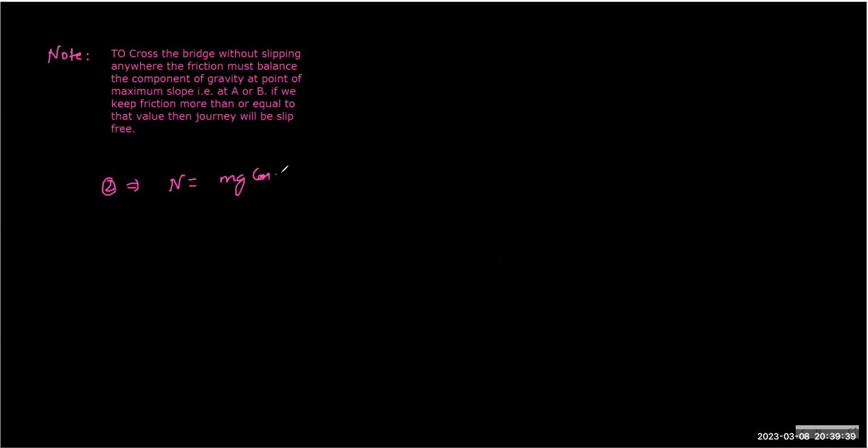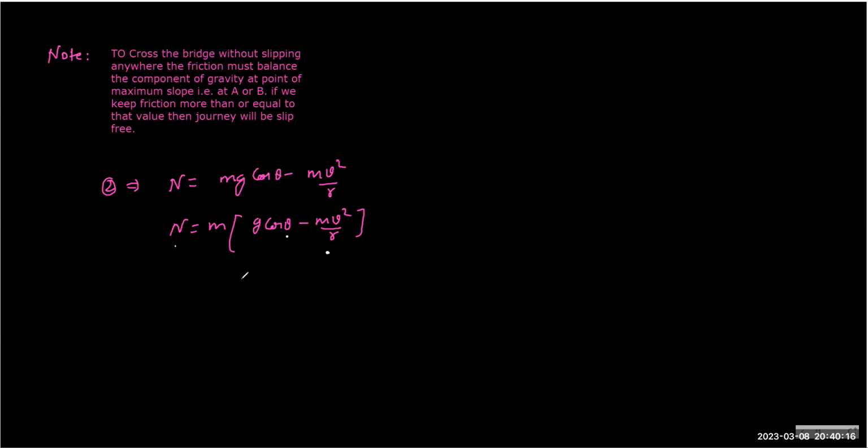Because the second term is constant, N will be maximum when theta is minimum. Cos is a decreasing function.